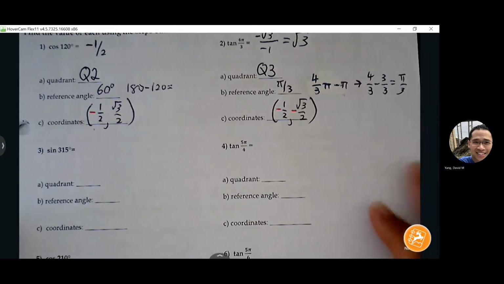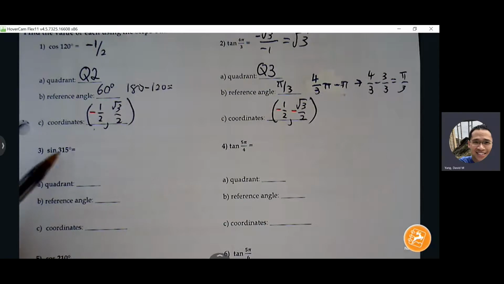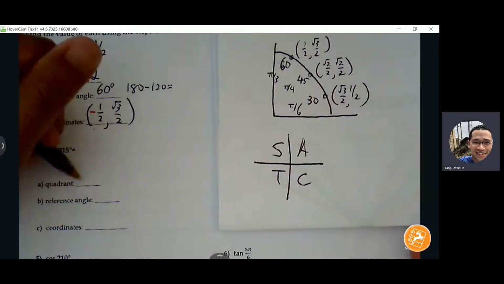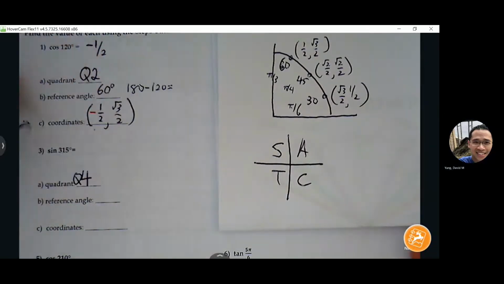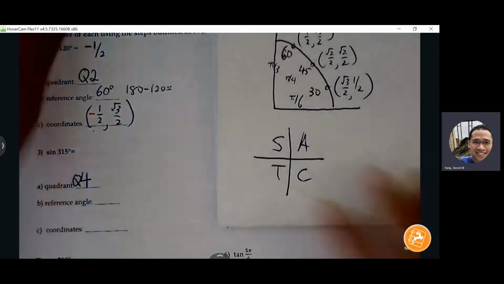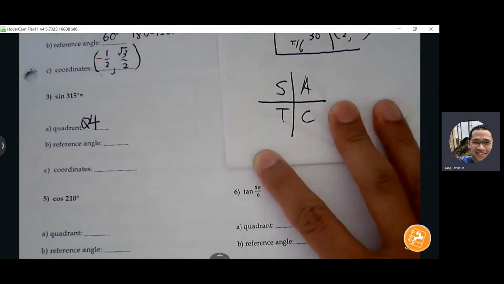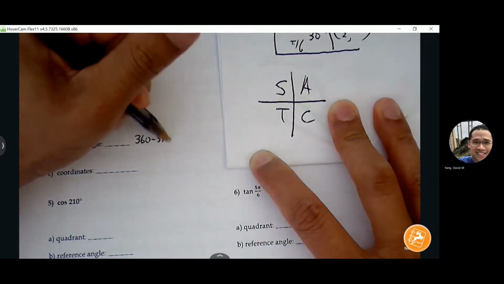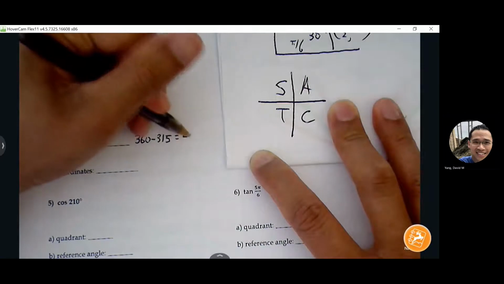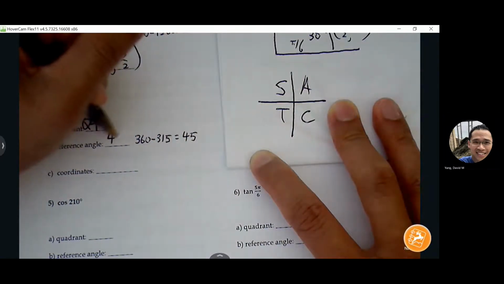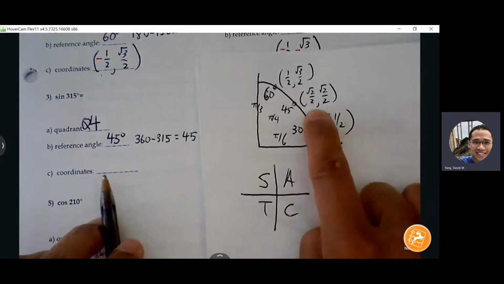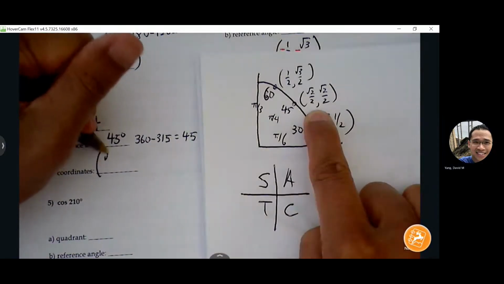Okay, number 3. Sine of 315. Let's think about 315. Which quadrant is 315 in? Quadrant 4. Reference angle: if you're in the fourth quadrant, you know you have to subtract from 360. Reference angle is 45 degrees, so you pick out the order pair for 45 degrees.